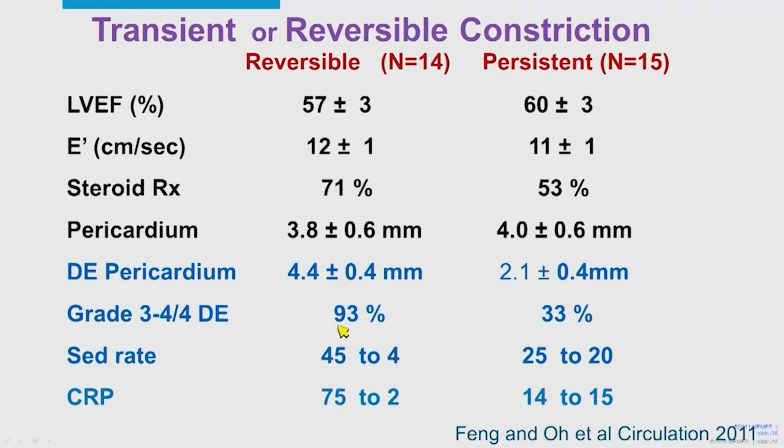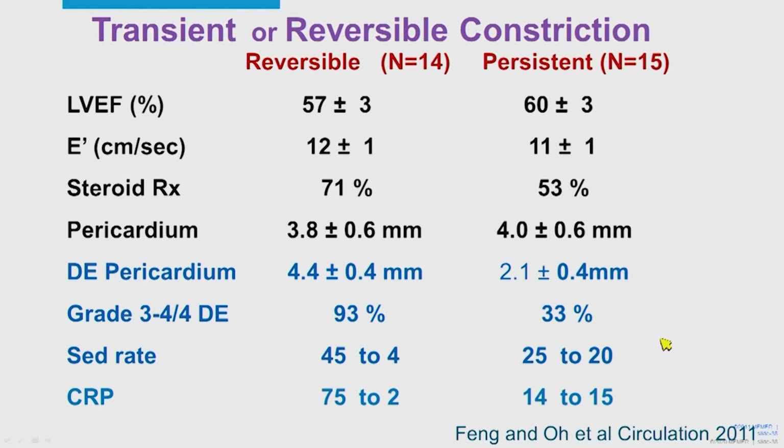We also found that the patients with a reversible, transient constriction by medical therapy have much more intense gadolinium uptake, and their inflammatory biomarkers like ESR and CRP are all elevated compared to the patients who did not respond to our medical therapy.